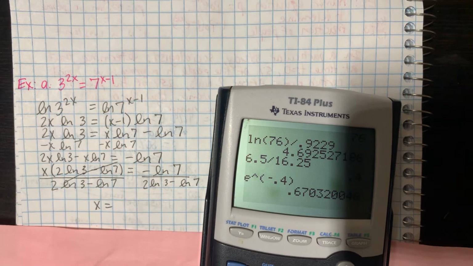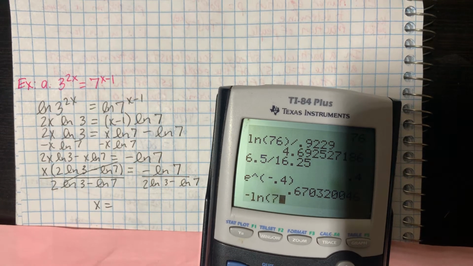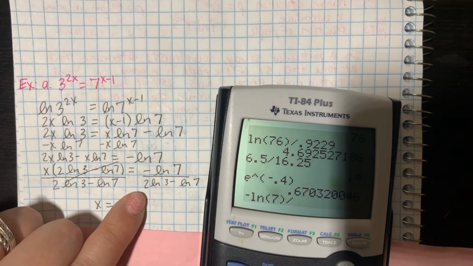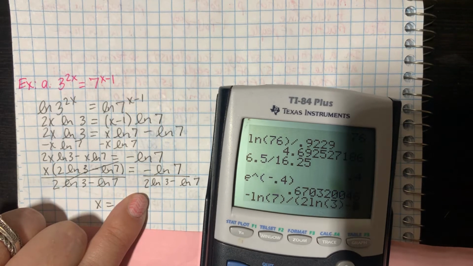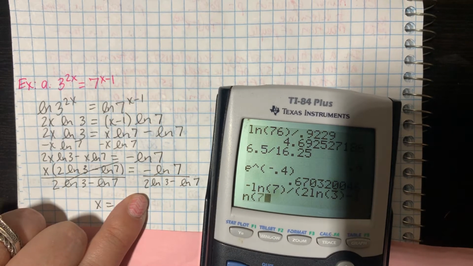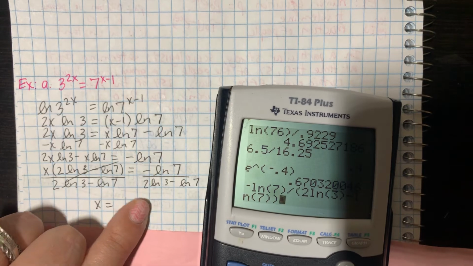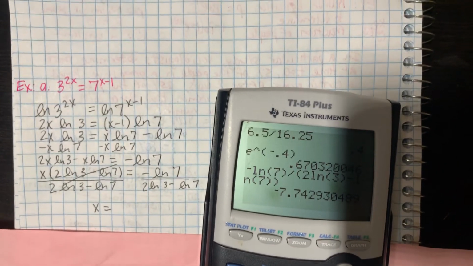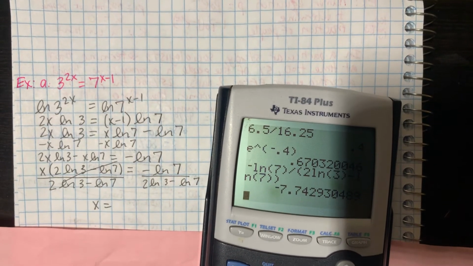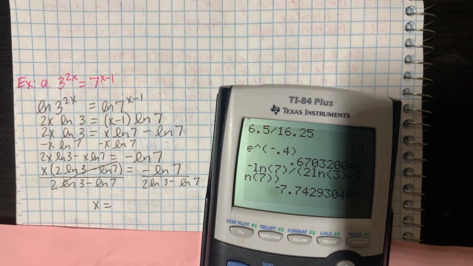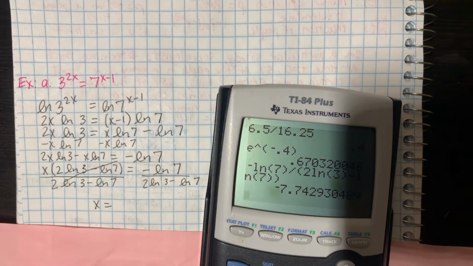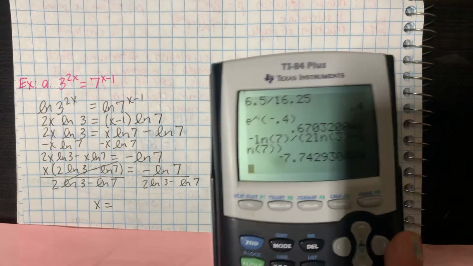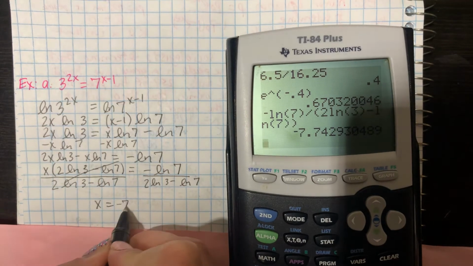So I'll go negative ln of 7 in parentheses divided by. Now I need to make sure all of this goes in the bottom. It's going to want 2 closed parentheses, and it's going to equal negative 74.3.